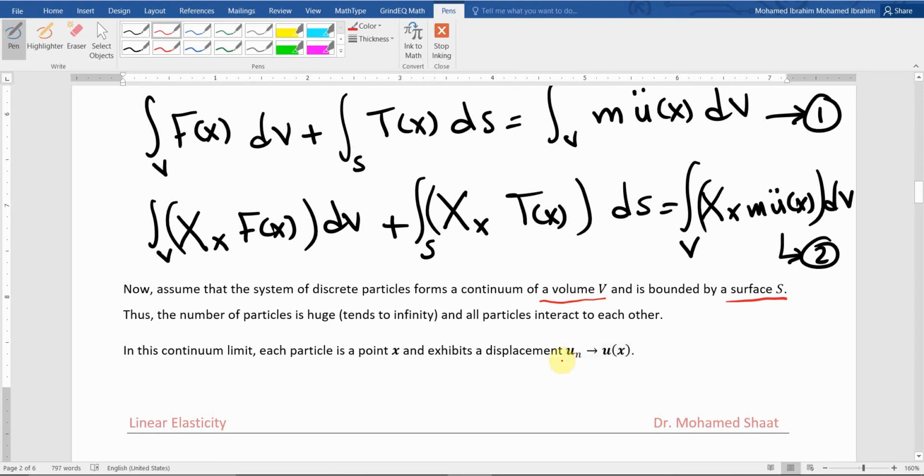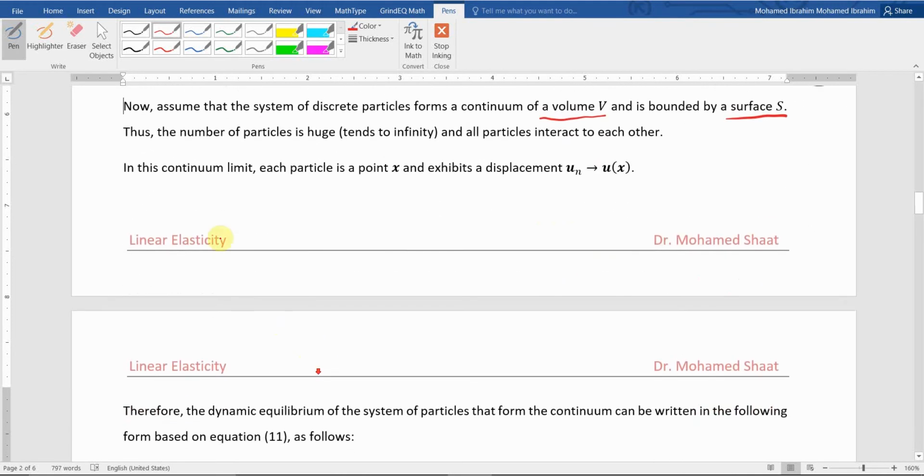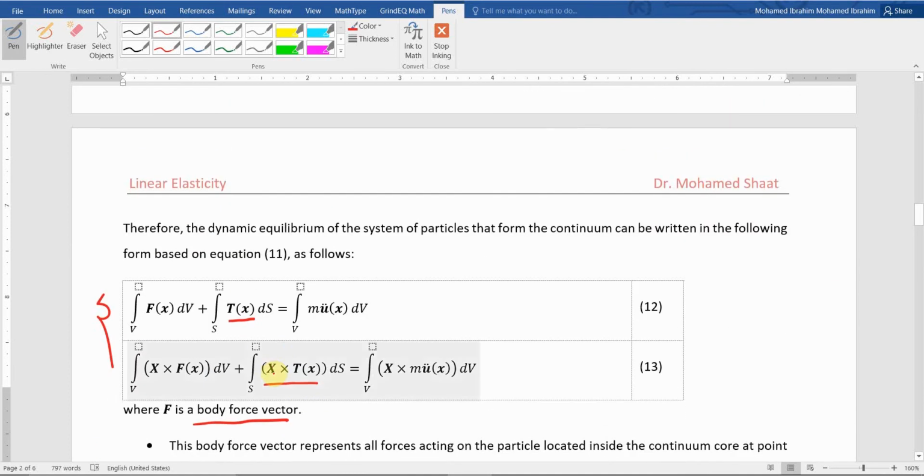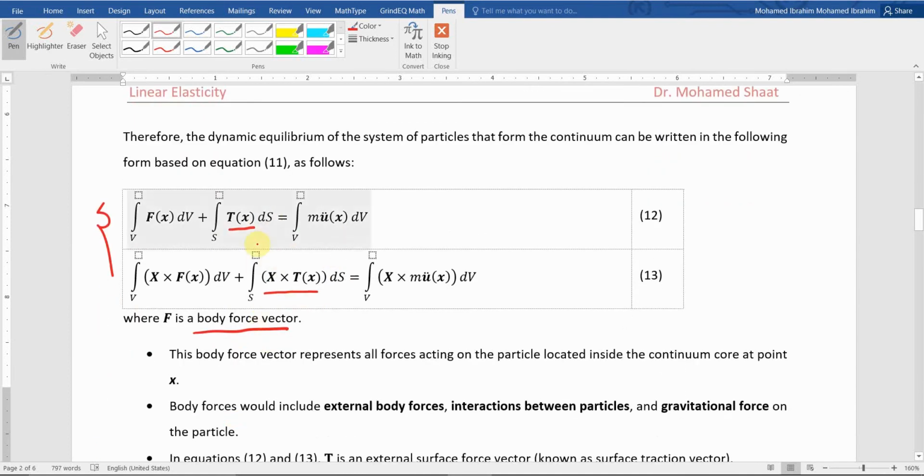Each one of these particles, we cannot locate a particle anymore, and in this case we have to consider that the particle that is located at X, we cannot give a name, or we cannot say that particle N, we don't see N, but we're gonna say that the particle that is located at point X according to the continuum limit that we're already dealing with. So we're gonna end up with these two equations. These are the two equations that we got by integration of equation 11 that we did above. These are the two equations for the continuum.